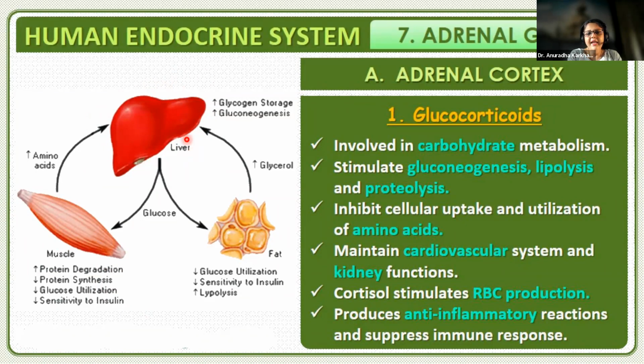And it is in the liver that all of this is going to happen. Look, glycerol amount will increase. Fat cells will reduce glucose utilization, become sensitive to insulin, and lipolysis will increase. Lysis of the lipid content of fat cells will start, so that glycerol content increases. So glycogen storage will increase, gluconeogenesis will increase. This was a part of your digestion chapter, but still.